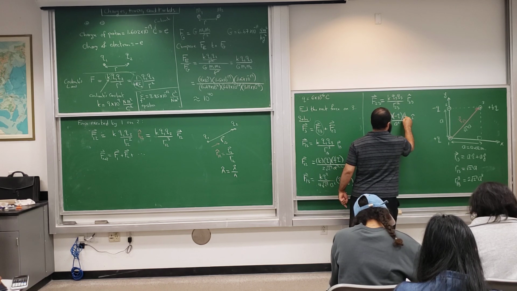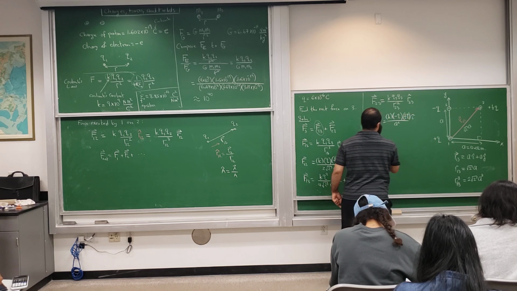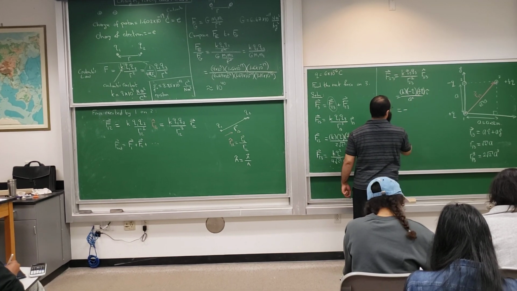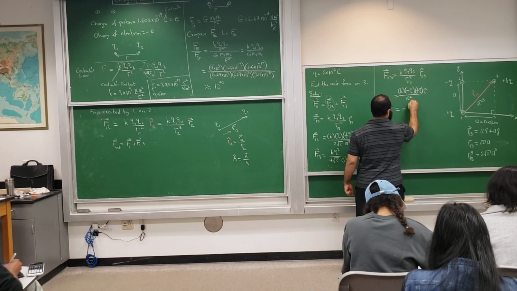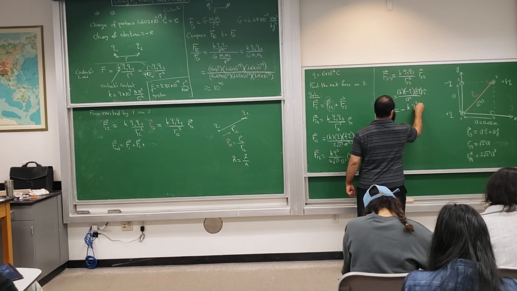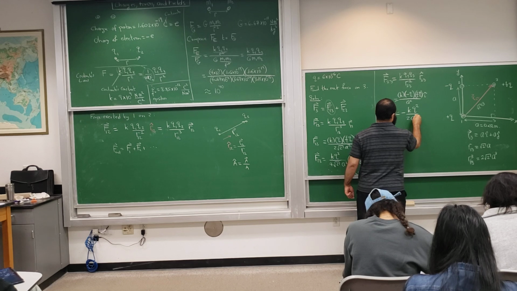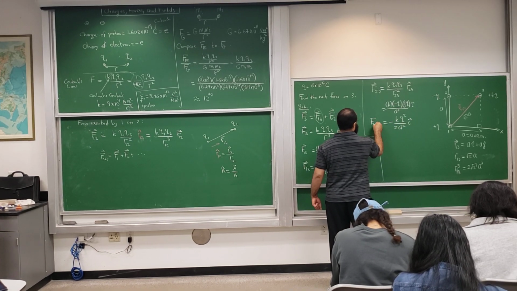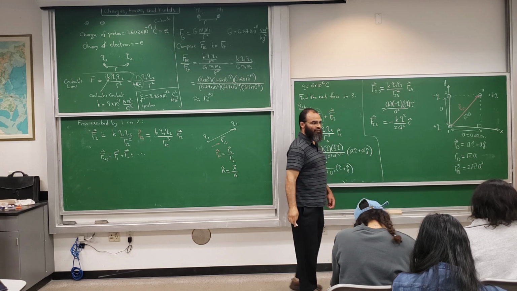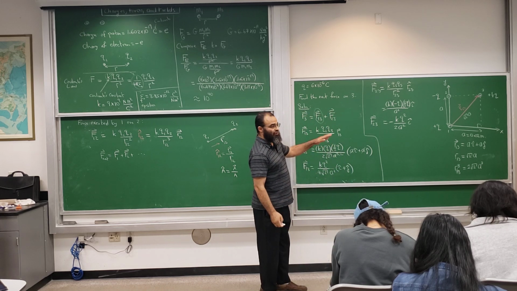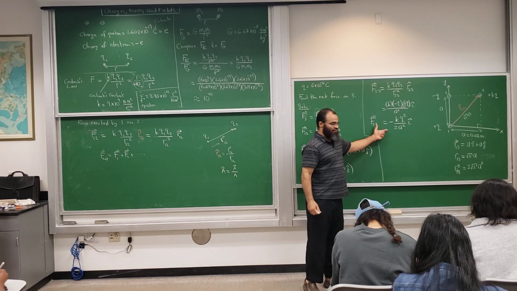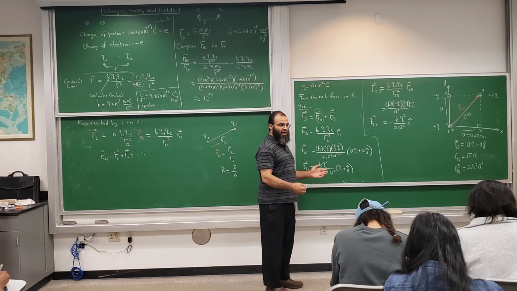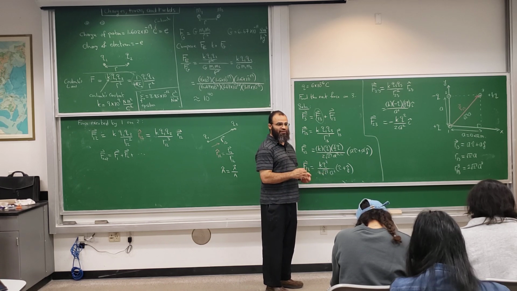And this one is half of Q. And so we get minus K Q squared over 2A squared, and then i hat, right? That's the force between 2 and 3. And then to find the total force, I need to add this to what I have here. And then you're asked to find the magnitude and the direction.